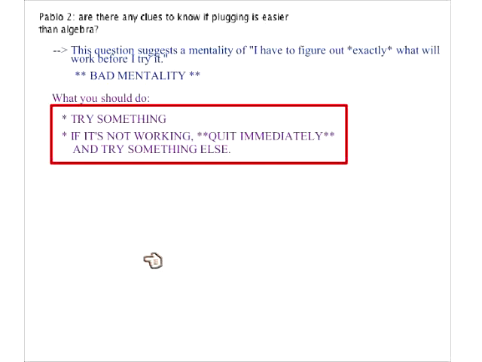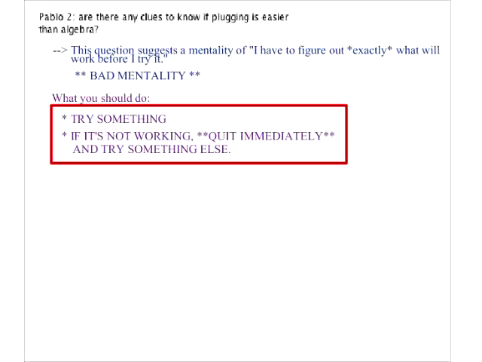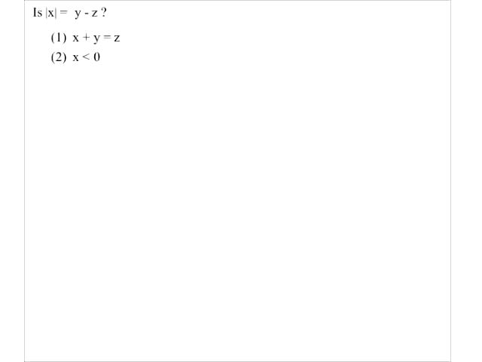Let's try looking at the algebra for this problem. So we know the answer is C, but let's forget that for a second and treat it new. Okay, algebra solution.